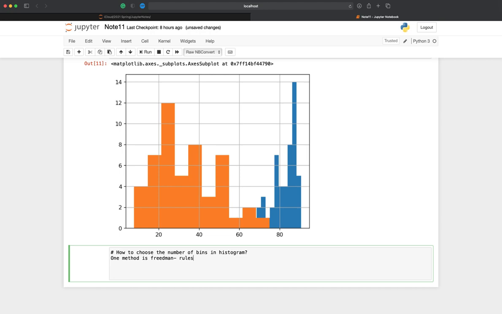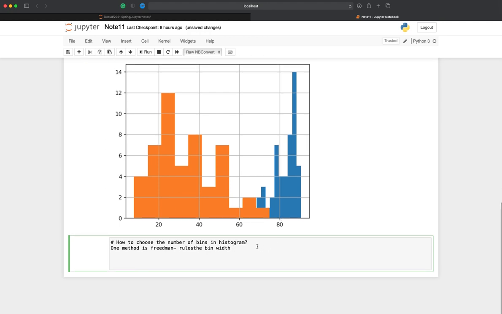So it says the bin width, what does bin width mean? The class interval for each of these bins. Look, this is the first bin, it starts here and then ends here. One important note you should always know: the width of this bin is exactly the same as the width of the next bin. All of them have exactly the same width.